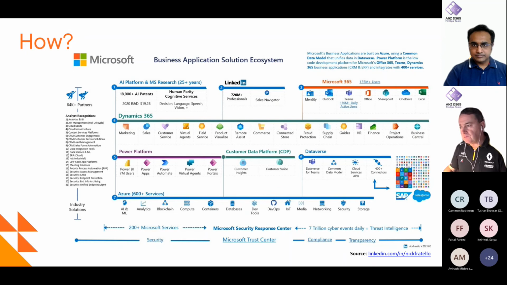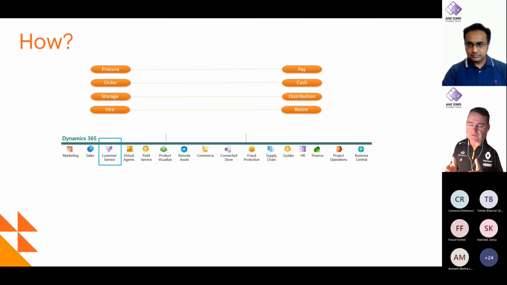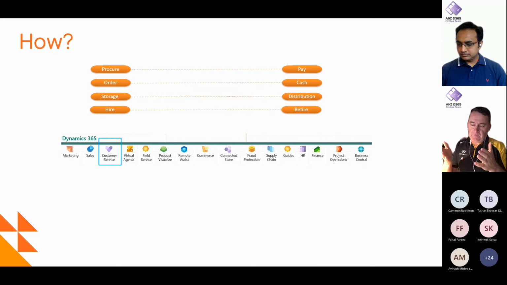If we trim this down a little bit and just focus on the D365 applications for the context of this conversation, we've moved away from focusing on one particular product. Some businesses might have started off with a customer service product and then built out its capability and extended that to do more than what it was originally designed to do.